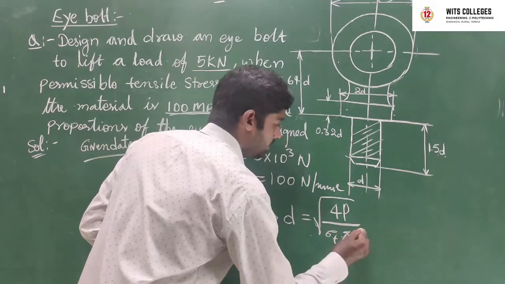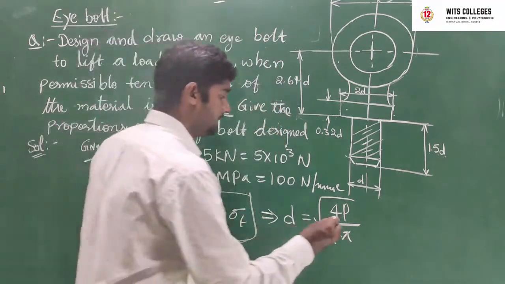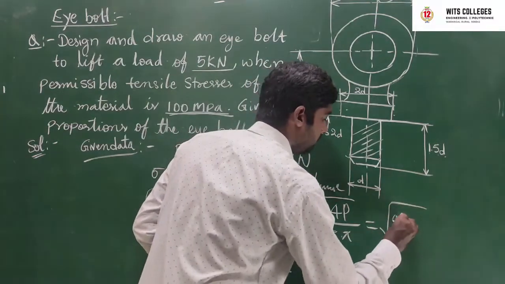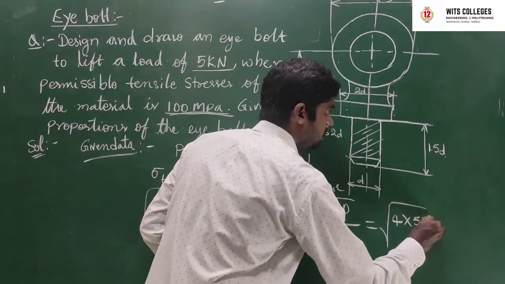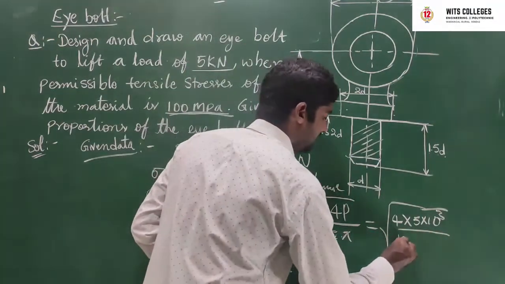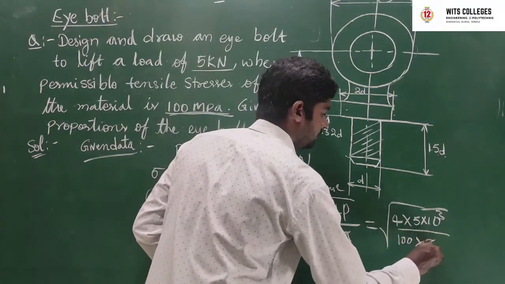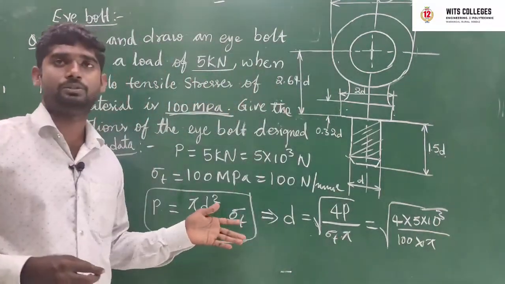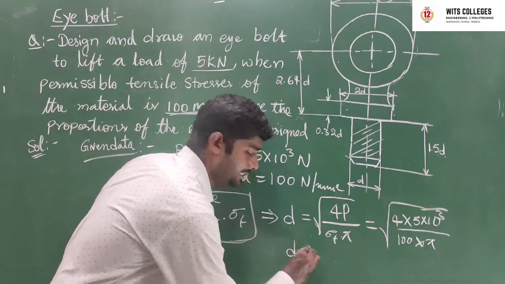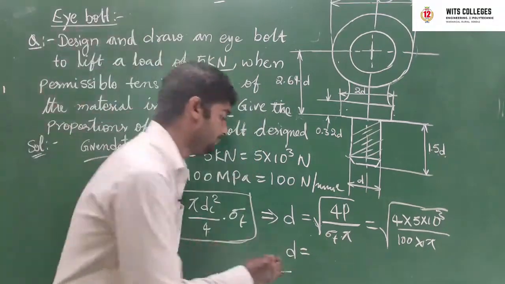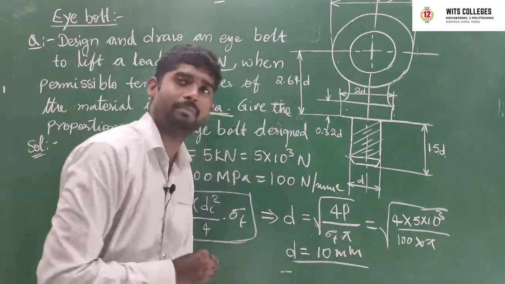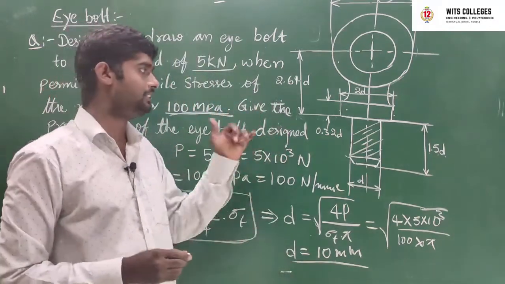Substitute: under root 4 into 5 into 10 to the power 3 by 100 into pi. Let's use the calculator to find the D value. D value is approximately 10 mm, or 9.5 mm. This is our first step.